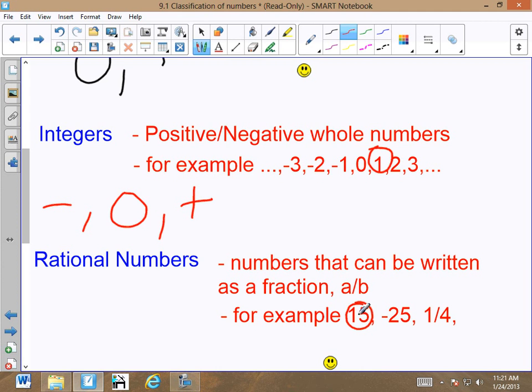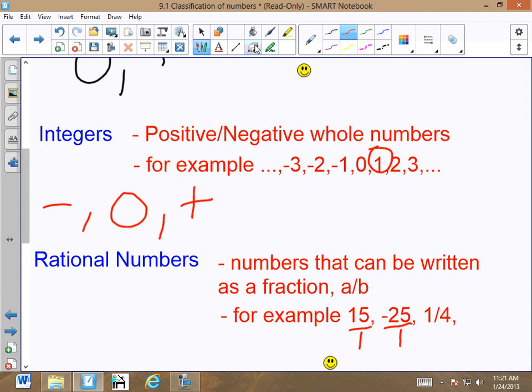I'm sorry, 15 is rational because it can be written as a fraction. All I have to do is put a 1 under 15 and I write it as a fraction. Negative 125, just put a 1 under it, I write it as a fraction.